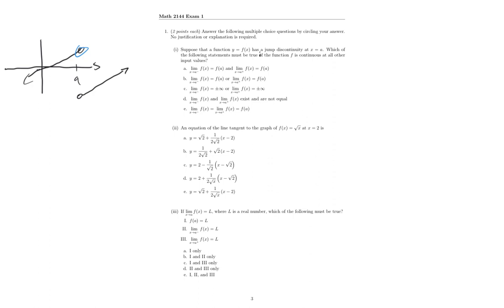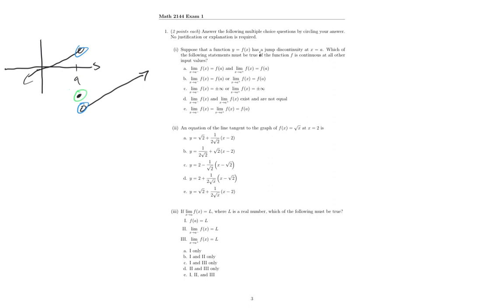Well, then neither of them are going to equal f of a. Or, better yet, what if we did this? Put a little dot here. And then maybe something like this. This isn't true either, right? Because the limits approach at those spots, but f of a is right here. So it can't be those.